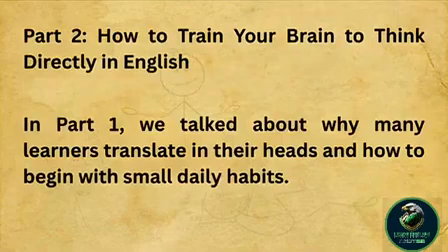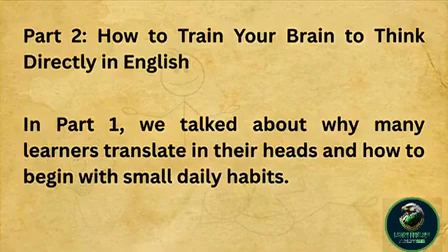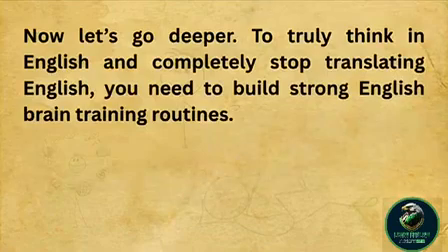Part 2. How to train your brain to think directly in English. In Part 1, we talked about why many learners translate in their heads and how to begin with small daily habits. Now, let's go deeper.